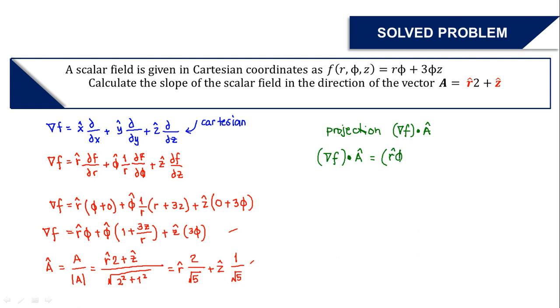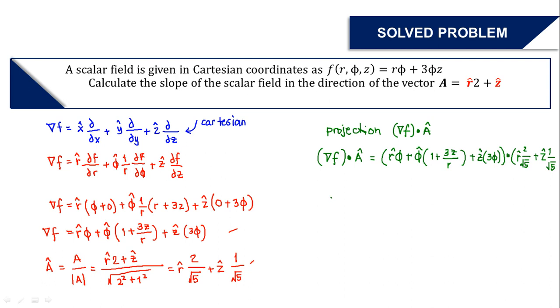R hat phi plus phi hat 1 plus 3z over r plus z hat 3 phi dot, oops, r hat 2 over square root of 5 plus z hat 1 over square root of 5.